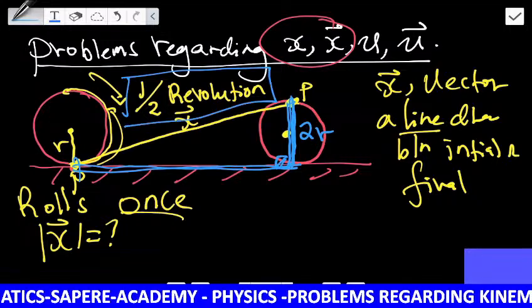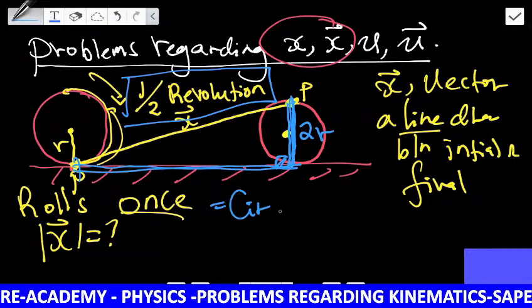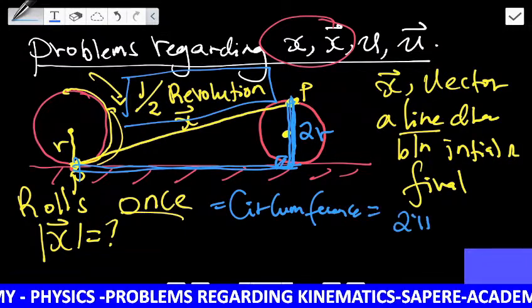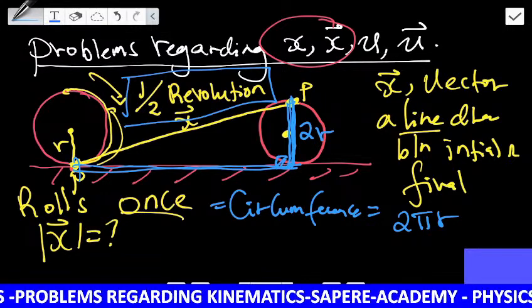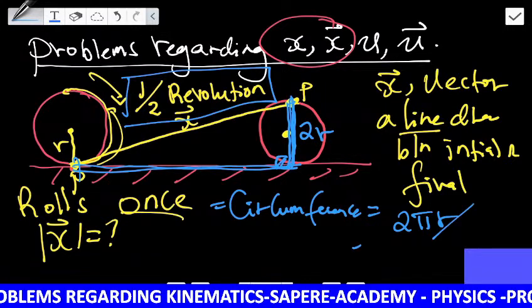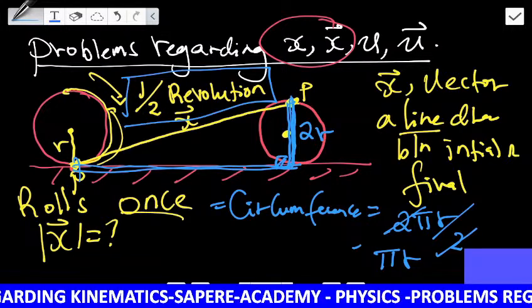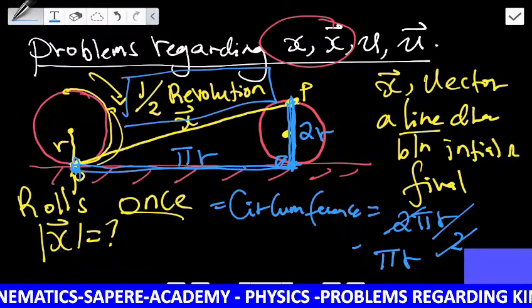One full revolution is the circumference of a circle, 2 pi r, so half a revolution is half of this, which is pi r. This means the distance between this point and this point is pi r.